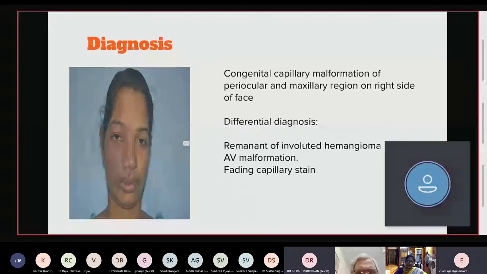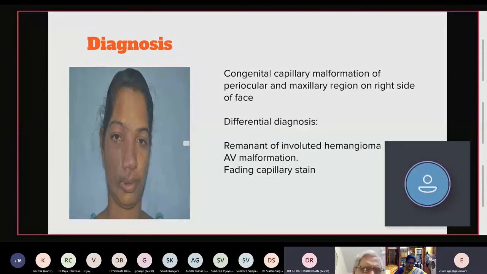Sir, aesthetically the better option can be local flaps. While excising, we will go in stages, sir, according to the aesthetic units. If the zones involved are confined to two zones, we can go with local flaps, sir.